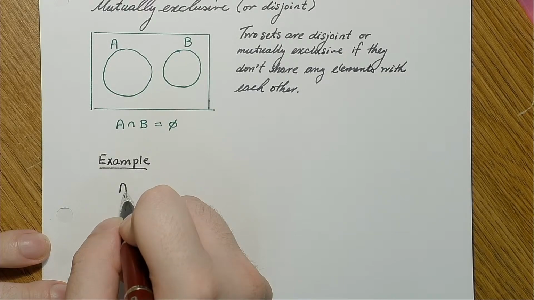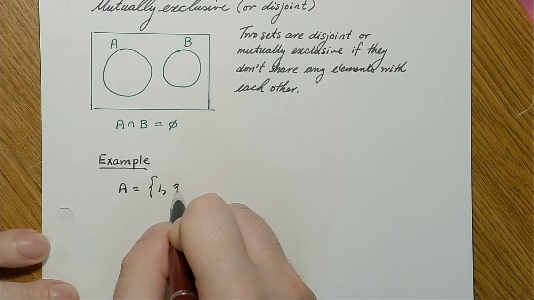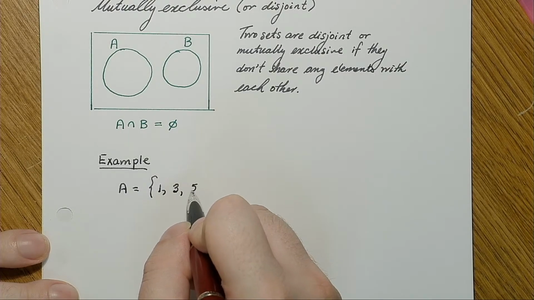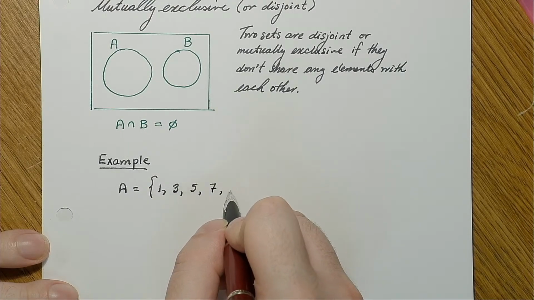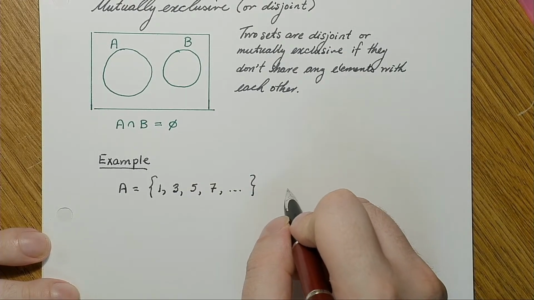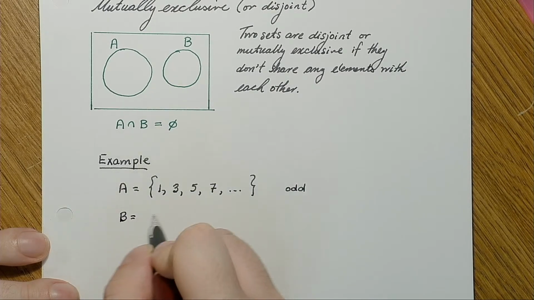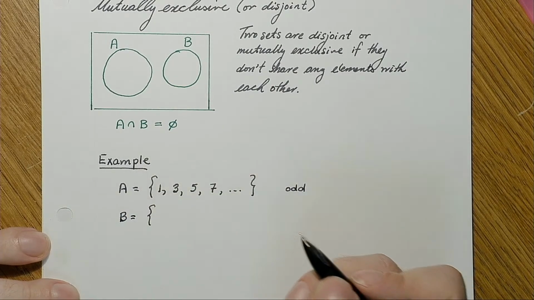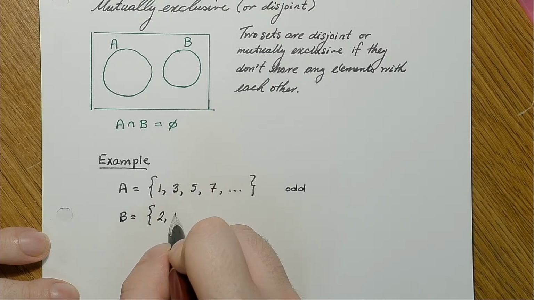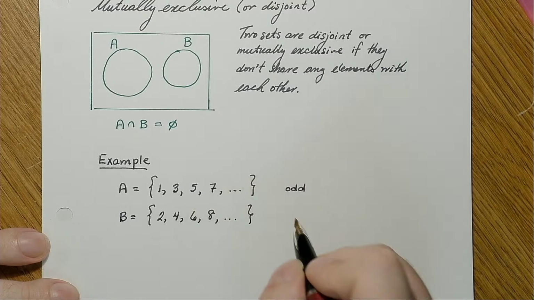So let's say, for example, I have the set of odd numbers, 1, 3, 5, 7. These are infinite. It's an infinite set. These are the odd numbers. And over here I have the even numbers, 2, 4, 6, 8. Again, that's an infinite set.